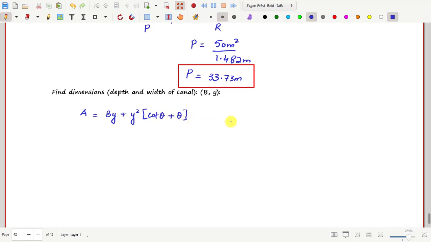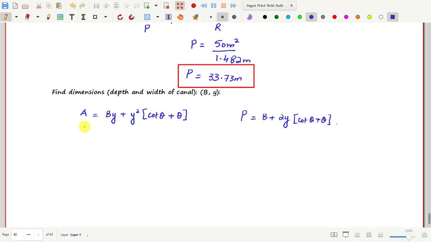One equation is this. And for the wetted parameter, we got an equation: b plus 2y cot theta plus theta. These were the two equations.